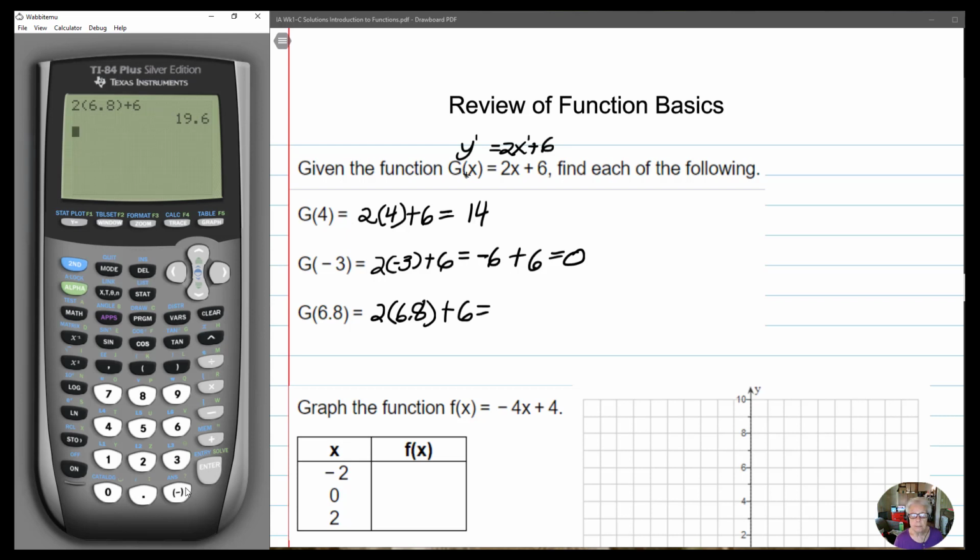Enter. 19.6. I want to show you I didn't have to do that. I could have said 2 times 6.8 plus 6. Got the same answer. 19.6.